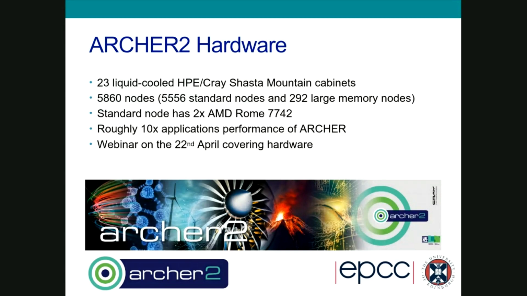So in terms of the hardware, the system is going to be 23 liquid-cooled HPE Cray Shasta Mountain cabinets, and they're currently being built across in the US as we speak. This will give a total of 5,860 nodes, and within each node there are 2 AMD Rome processors.